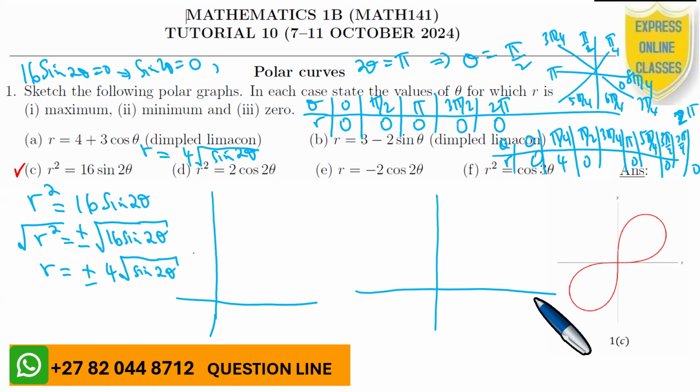We continue. Okay, let us think about this and make sure we understand this.